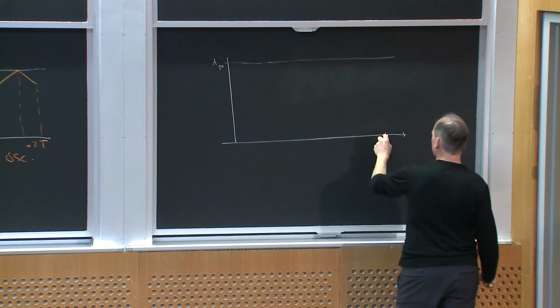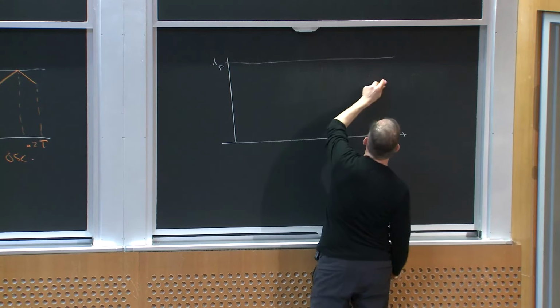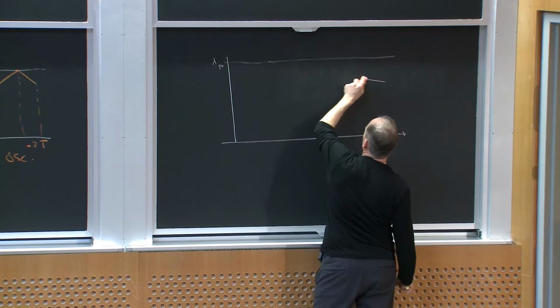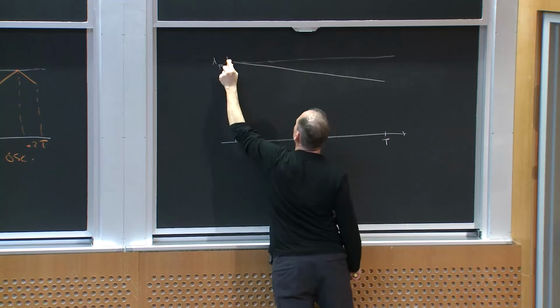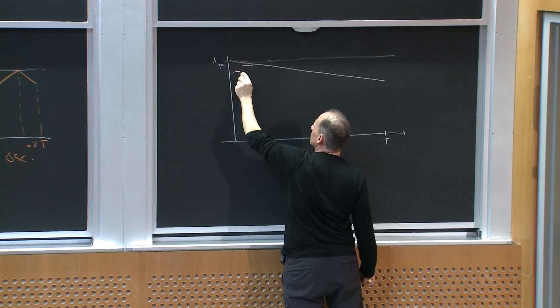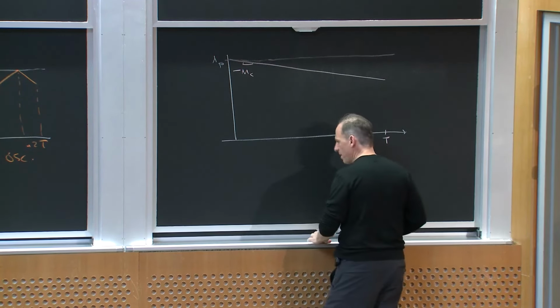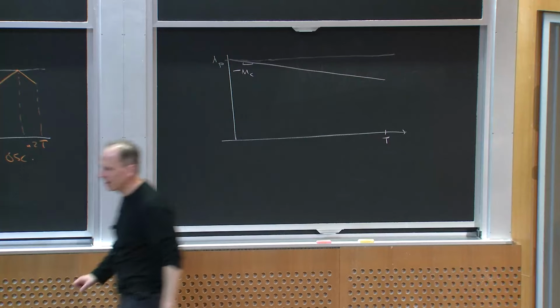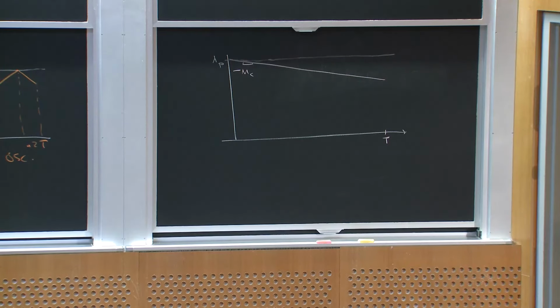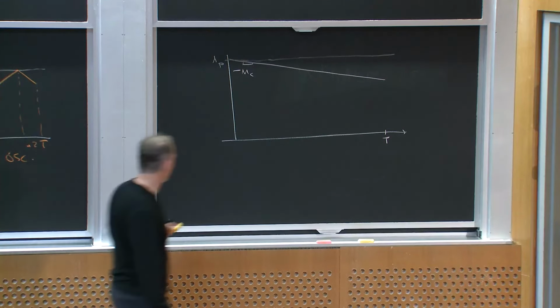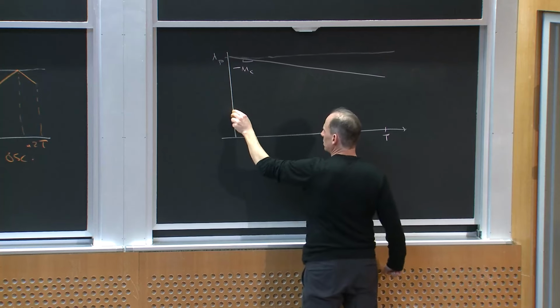Here's period T, right? So if my compensating ramp looks like this, at slope minus MC, maybe I could say, all right, my periodic steady state behavior looks like this. I start off somewhere, okay?